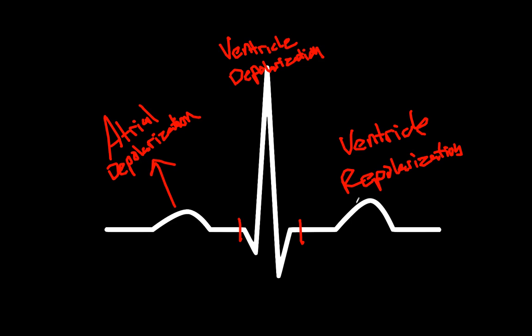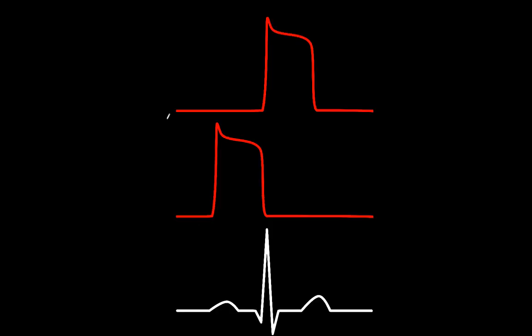Let's imagine for a second we could actually look at action potentials happening in individual muscle cells, one of the atria and one of the ventricles, as this is happening. This is essentially what you would see. This is the atria, where we're looking at action potentials, and this is in the ventricles.